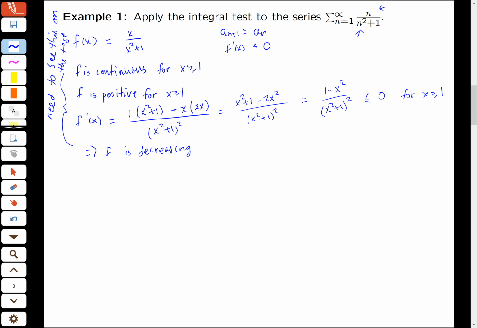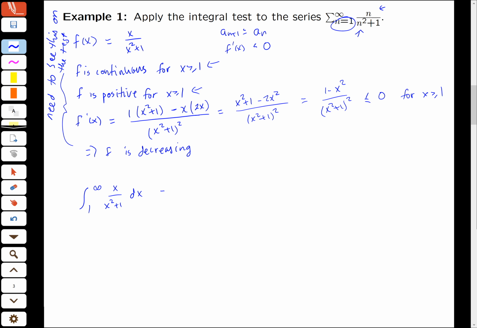Now, what we do is we just look at the integral. I always use this starting point for my low end point of the integral, and it's also what I use for these values. So if that is started at n equals 5, then that's what I would say x is greater than or equal to 5. So this starts 1 to infinity, x over x squared plus 1 dx.